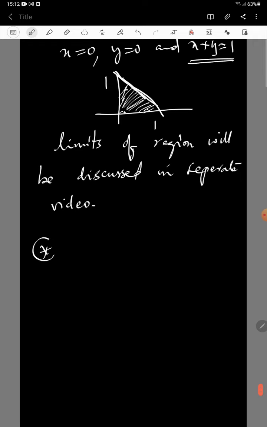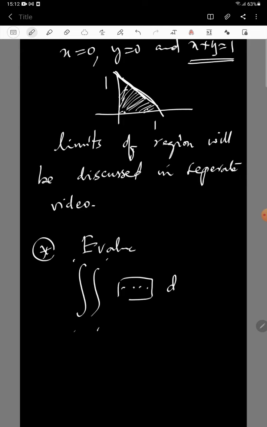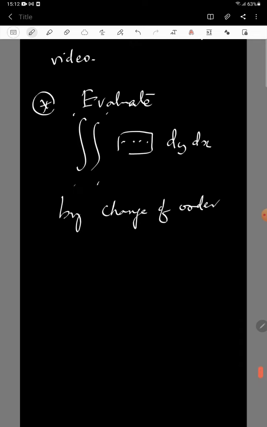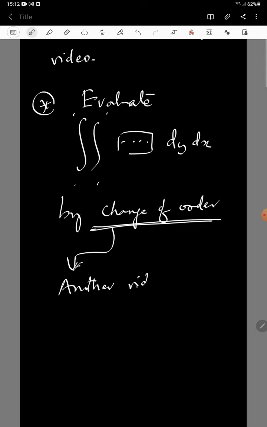Suppose the question is to evaluate a double integral where some limits are given, and some function with dy dx, by change of order. On this change of order of integration, I am going to separately record another video.